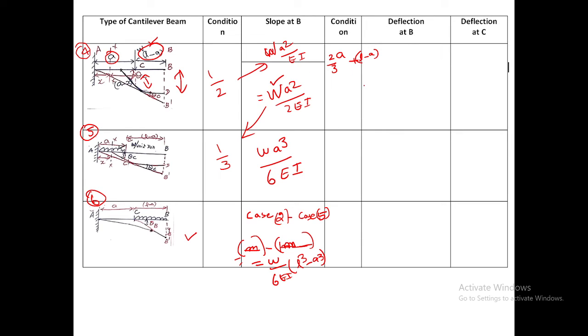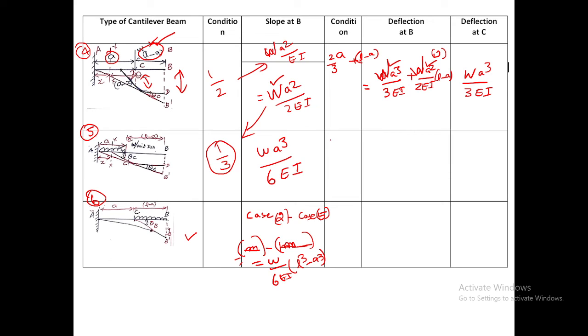The answer is W A cube divided by 3 E I as the deflection at point B, plus W A square divided by 2 E I into L minus A. Next, the deflection at point C: it is from this length L minus A, so this is 0 at point C. So only deflection W A cube divided by 3 E I. This is a capital W.